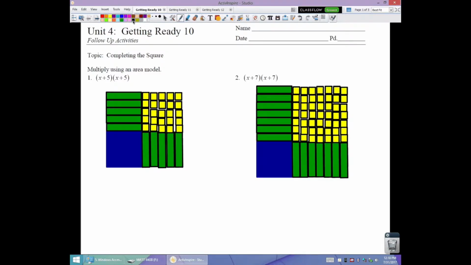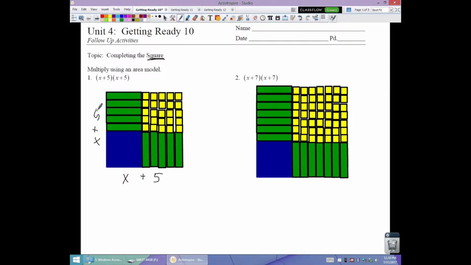So in this first one, since my dimensions are x plus 5 and x plus 5, and we know going in that these are all going to be squares, got x and then plus 5 green ones, so positive 5. Then this is also x plus 5. So what are we looking at when we fill in this top right corner with all the little apricot squares?